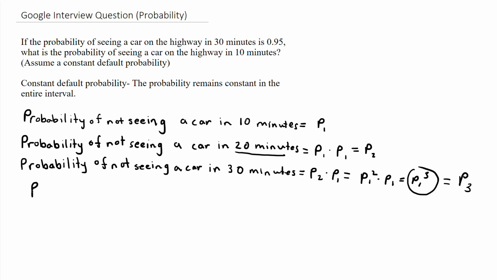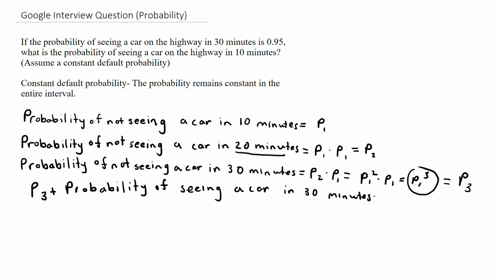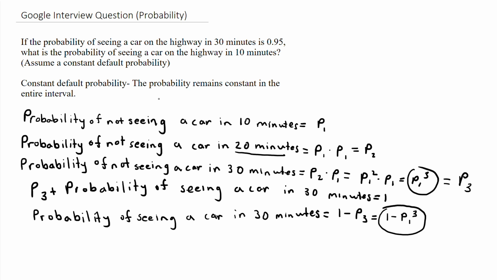We can say that P3 plus the probability of seeing a car in 30 minutes is 1. So the probability of seeing a car in 30 minutes is 1 minus P1 cubed.